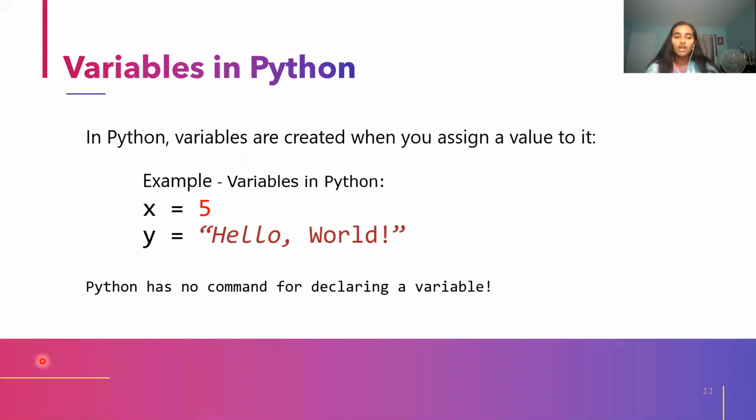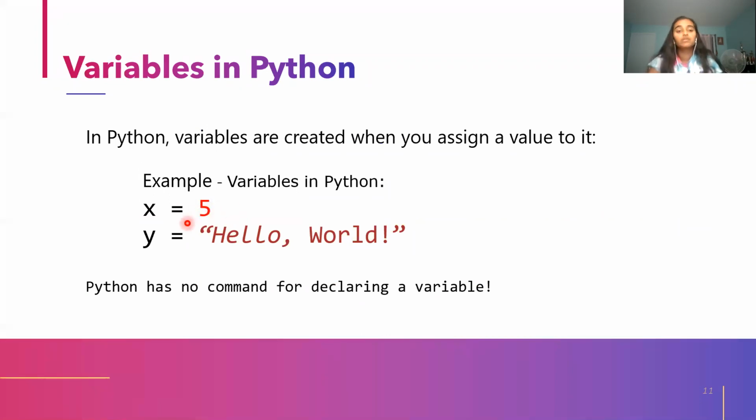So now we're just going to get into variables in Python real quick. And you see this isn't very complex stuff. This is all low level, because it's the basics of Python. In Python, variables are created when you assign a value to them. So as an example of variable creation in Python, you can literally say x equals 5.